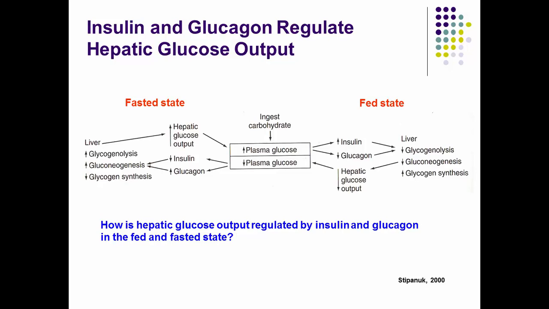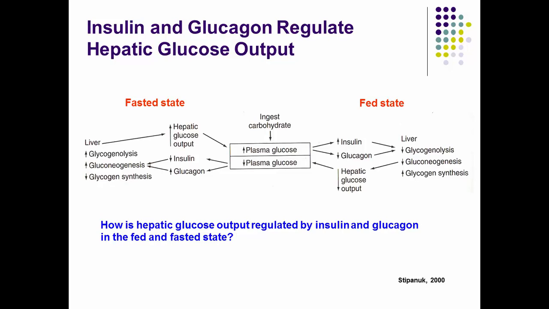And this slide I'm not going to go through again, but I think it should be very easy to understand, in the fat fasting condition, how the liver contributed to maintaining blood glucose levels. And again, it started with the hormone levels, primarily insulin and glucagon.